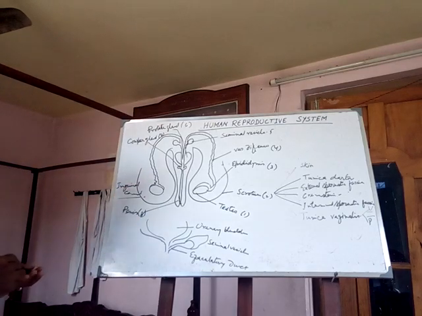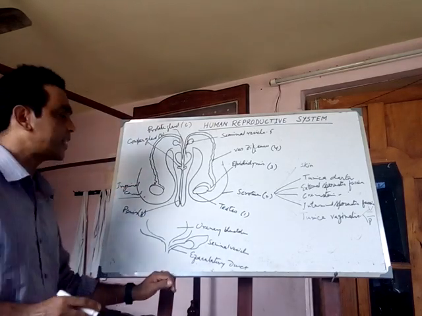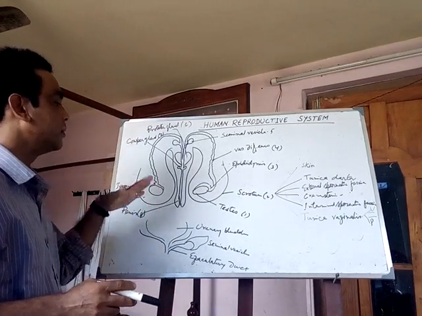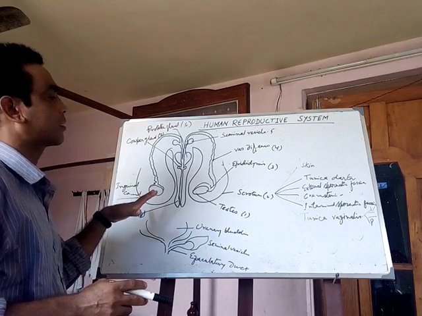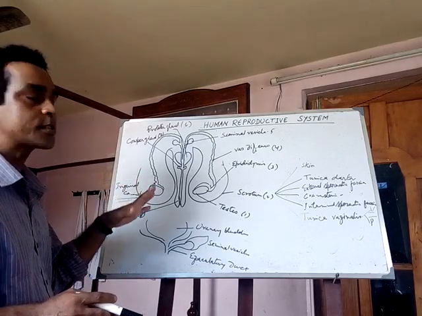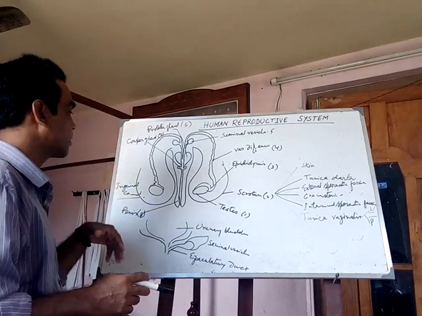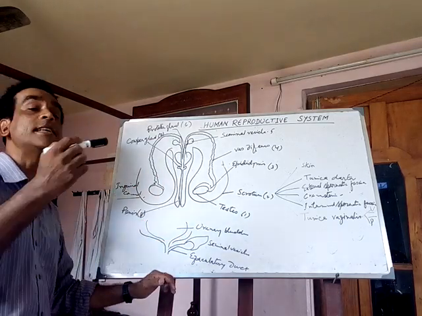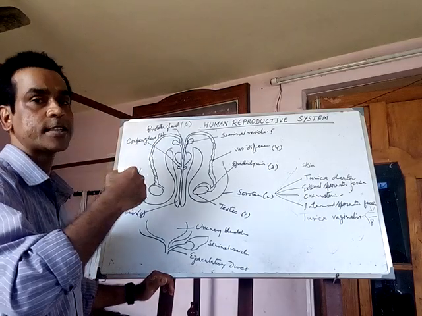What is the inguinal canal? The inguinal canal is a cord-like structure, a canal which connects the testis part of the male sex organ to the pelvic zone, the internal part of the intestine.